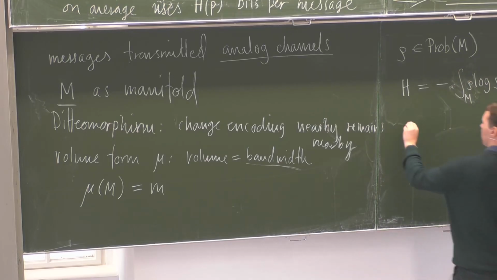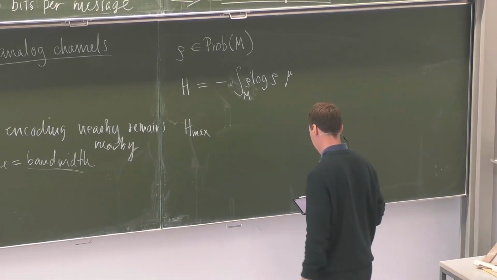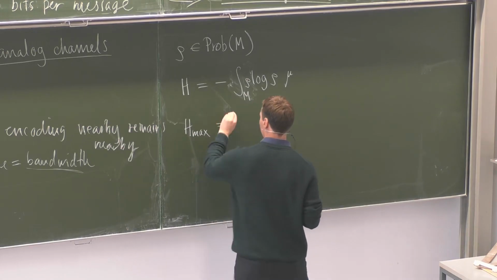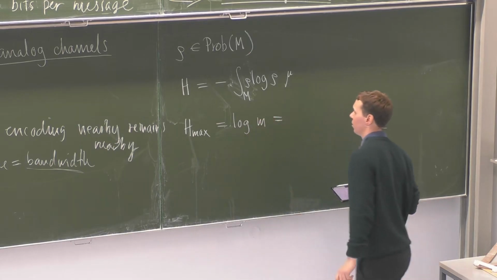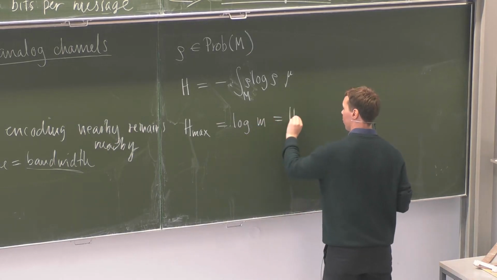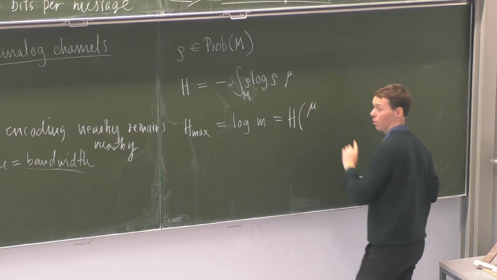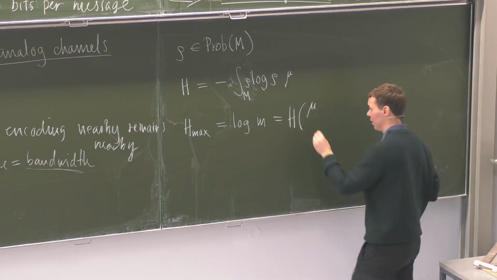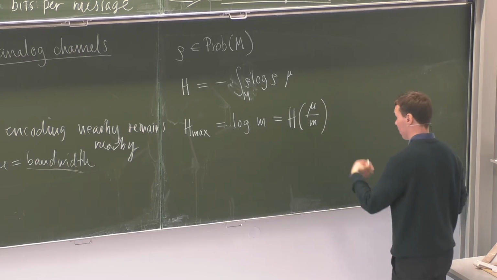And the maximum value, if you think about it, is exactly going to be log M. That's what you get when you take H of the uniform distribution. So mu is the volume, but that needs to be normalized to be a probability density. You have to divide by M. You compute this, you get exactly that.